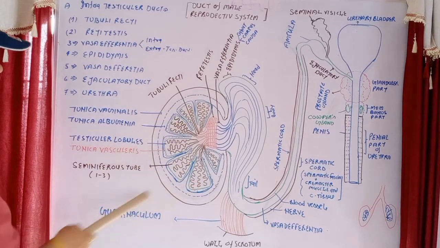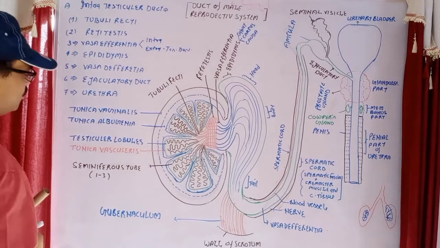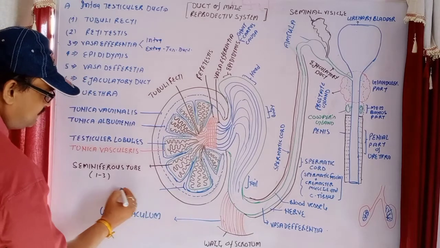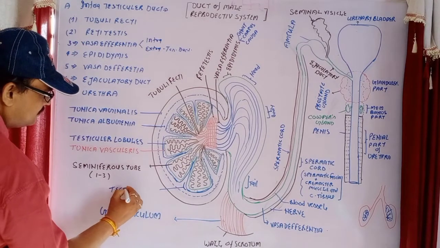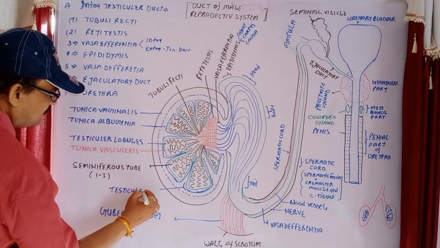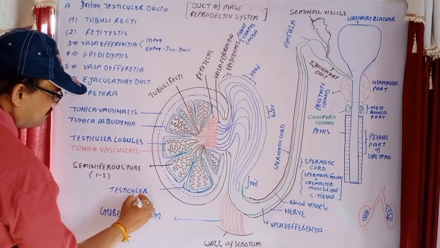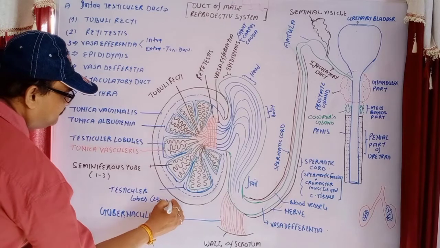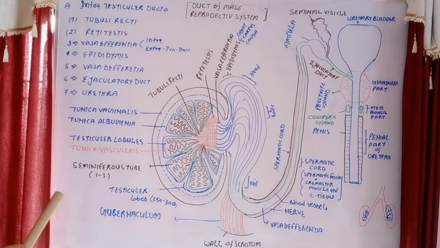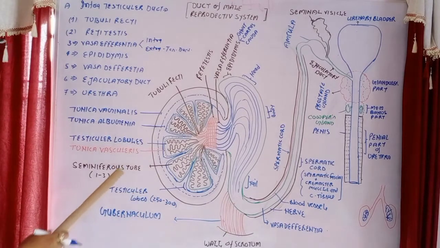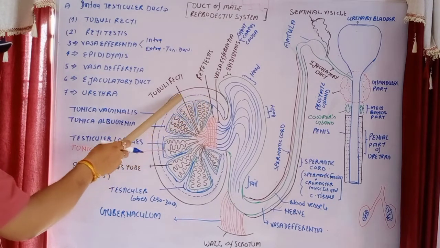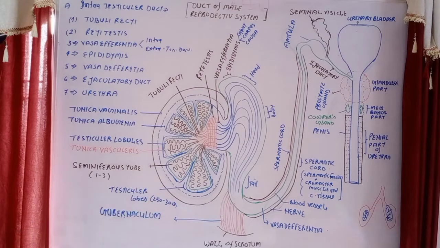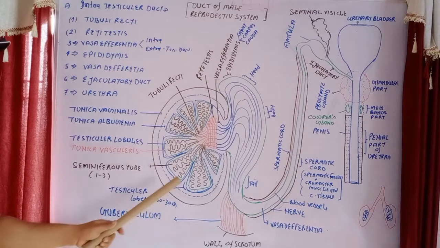These structures are known as testicular lobes. The number of testicular lobes is 250 to 300. So in this way, the tunica albuginea divides the testis into 250 to 300 testicular lobules.